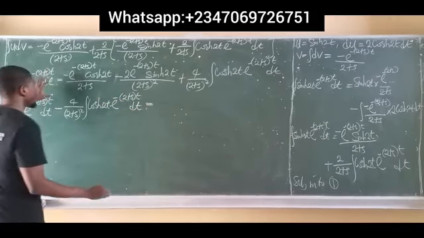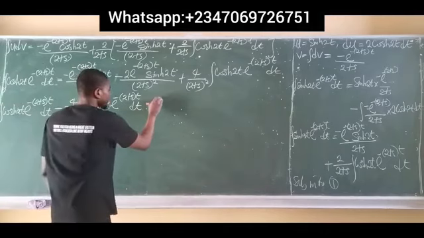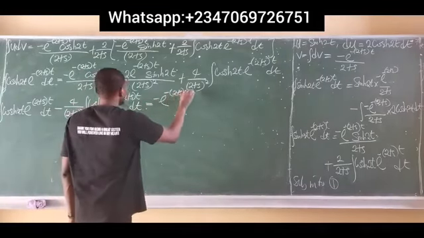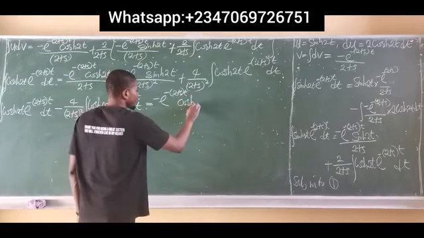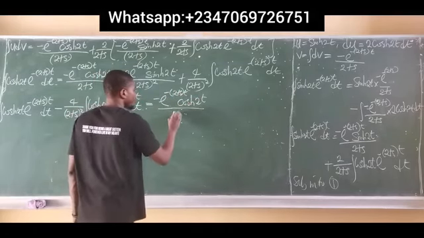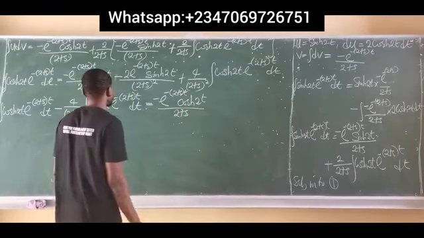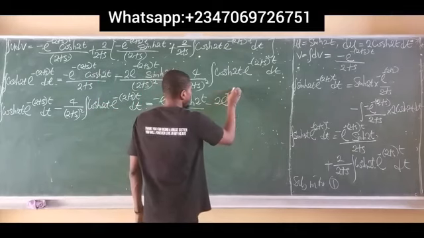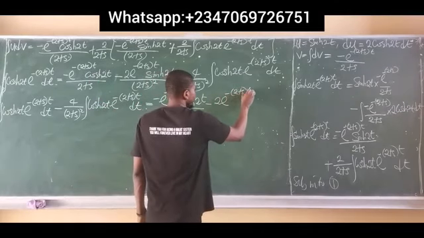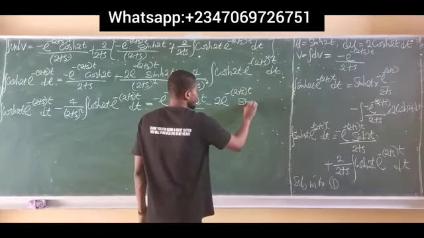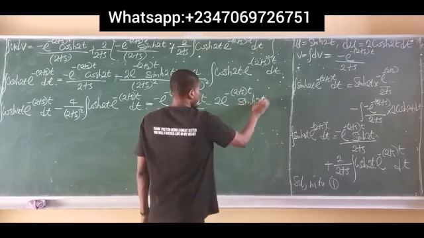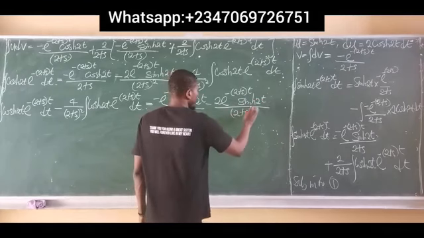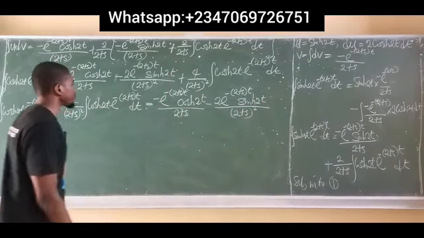And this is equal to everything we have here: minus e^(-(2+s)t) cos 2t all over (2+s), minus 2 e^(-(2+s)t) sin 2t all over (2+s) all squared. Okay, so we have this.